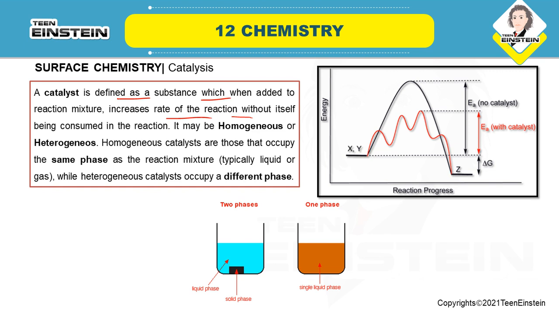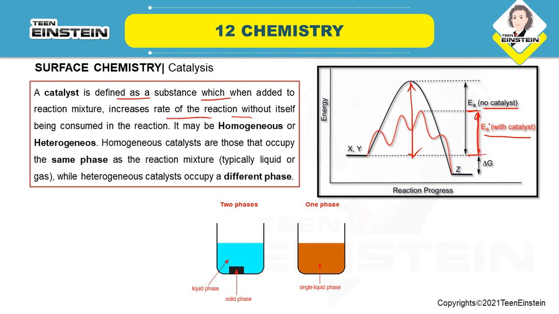That means it is not directly taking part in the reaction, but it helps to increase the rate of the reaction. And how is it possible? When we are not using a catalyst, the activation energy is Ea, and when you use a catalyst, the activation energy is decreased.